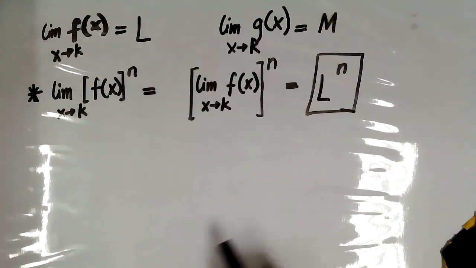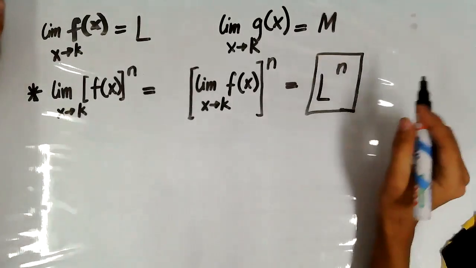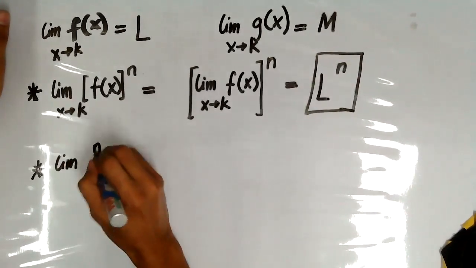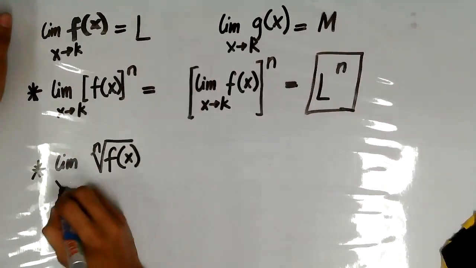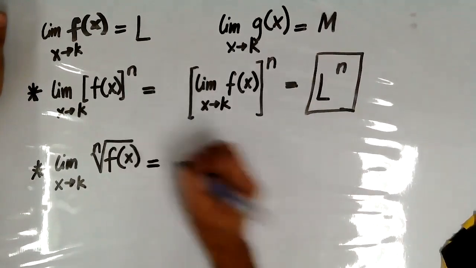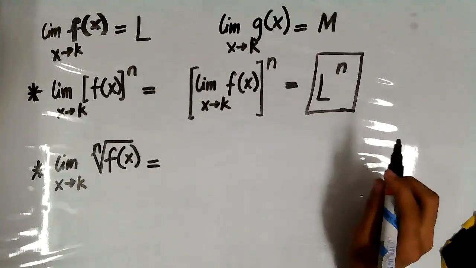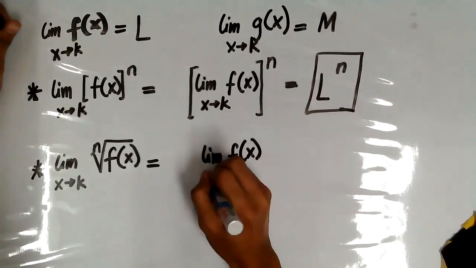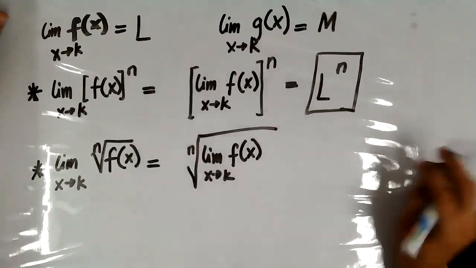All right. What will happen to this function if you get the limit of the root of the function? Let's say, for example, you're going to get the limit of the nth root of your function f as your x approaches k. All right. So what will happen to this is you're not going to get the limit of the nth root directly. You just get the limit of your f of x as your x approaches k before you get the nth root of this.